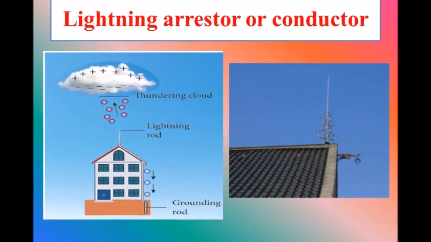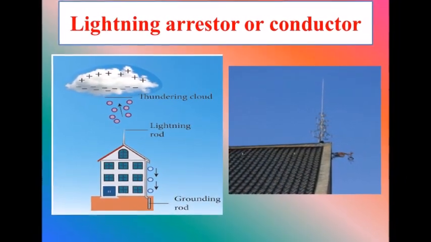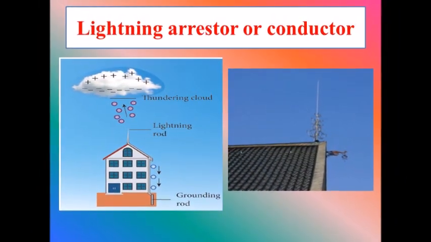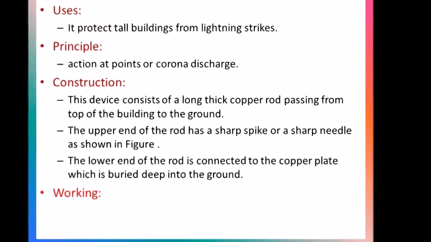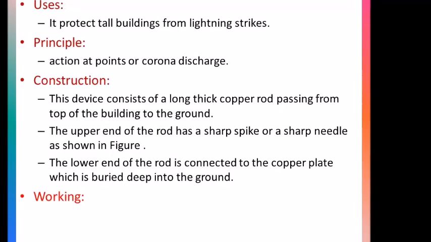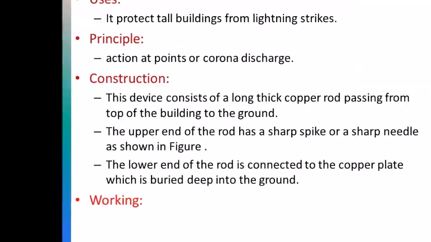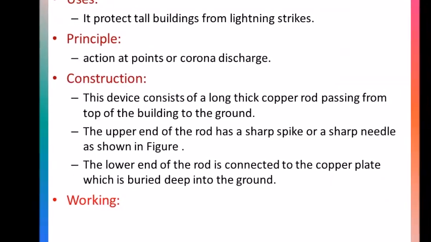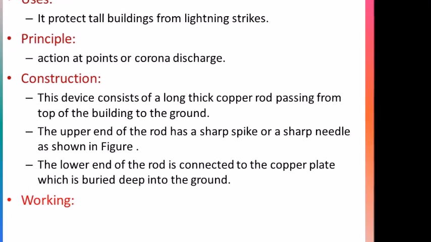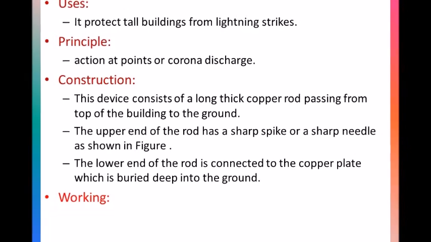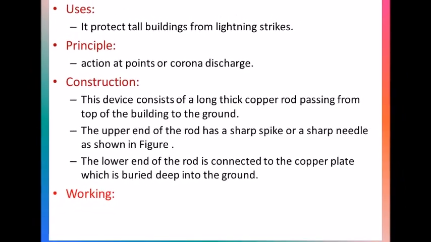Lightning arrestor or conductor. First of all, we have to see the uses of this device. It protects tall buildings from lightning strikes. What is the principle of this device? Action at points or corona discharge. Next we are going to see the construction.